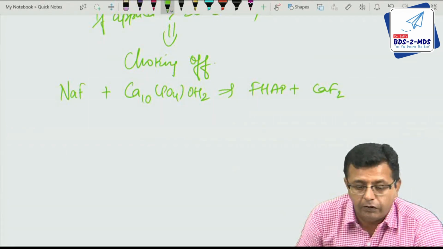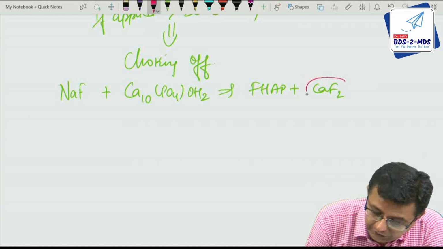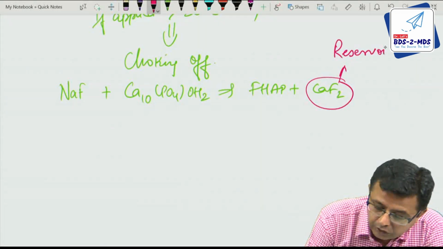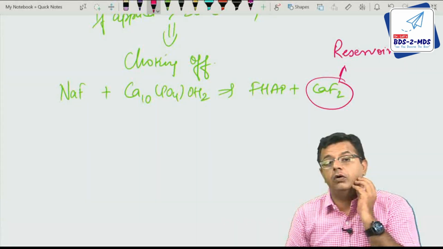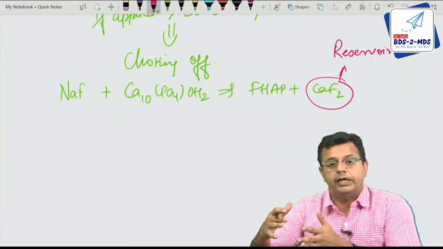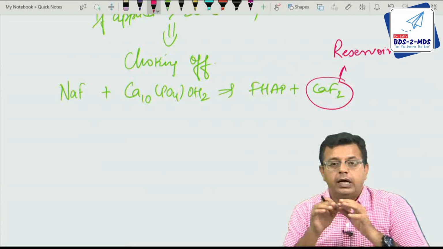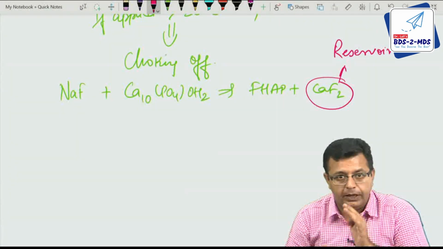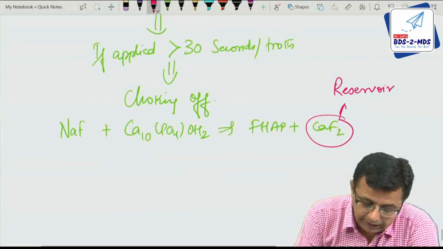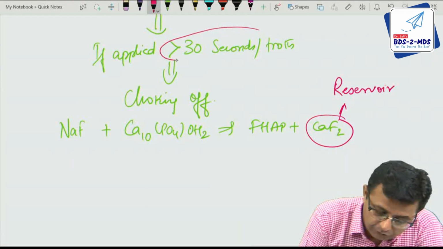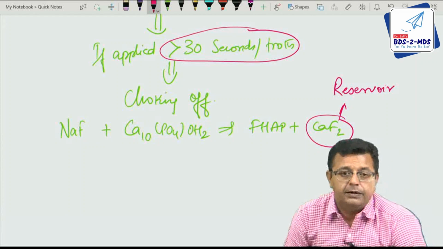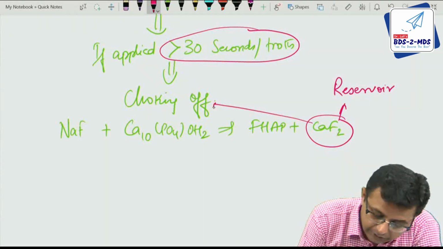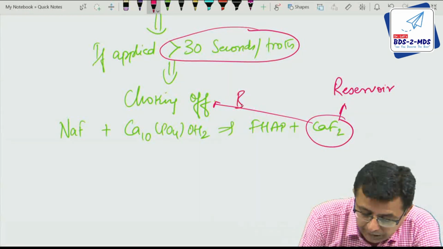This calcium fluoride you want to act as a reservoir of fluoride in the oral cavity, so that even after some days this fluoride keeps coming out and helps in fighting caries. But if you apply sodium fluoride for more than 30 seconds per tooth, then this calcium fluoride will act as a barrier.